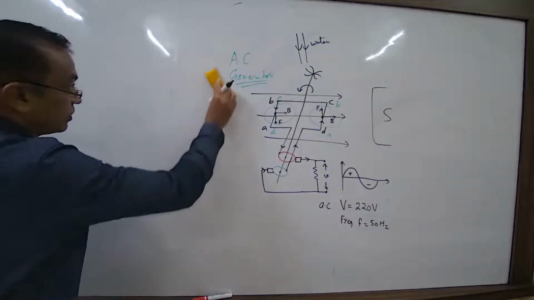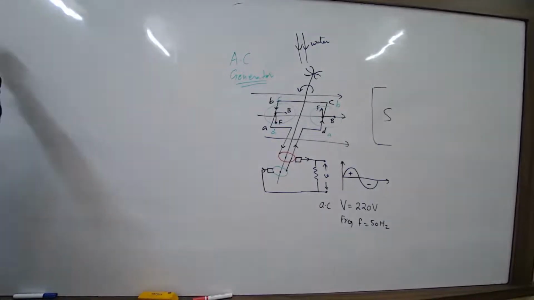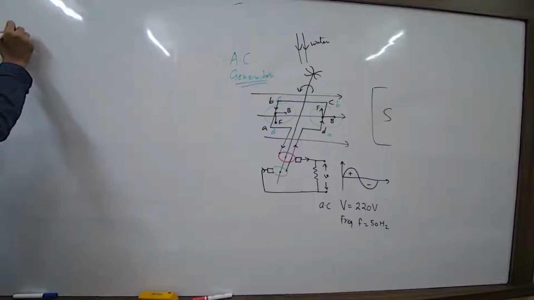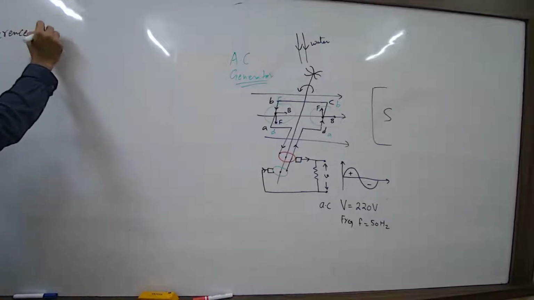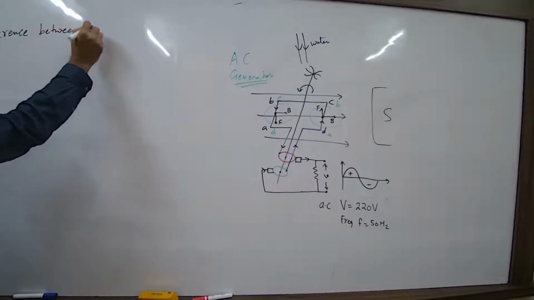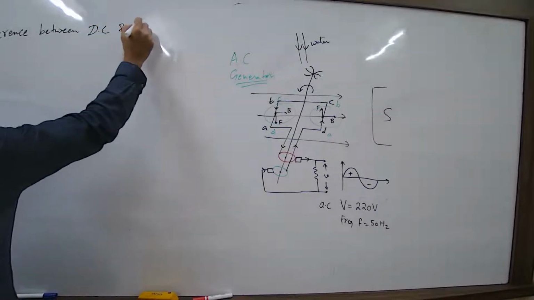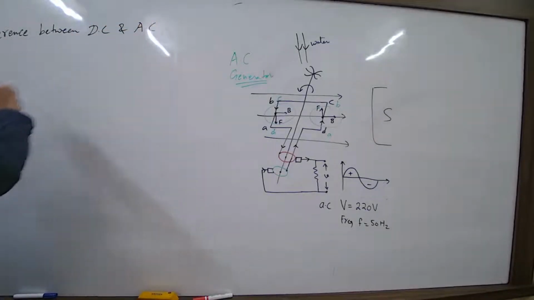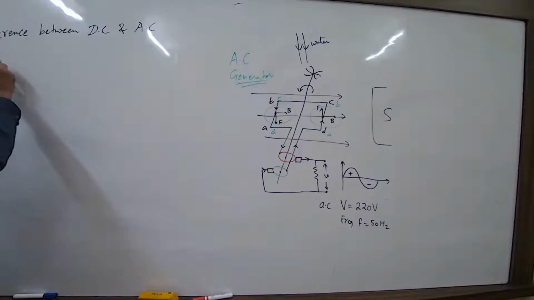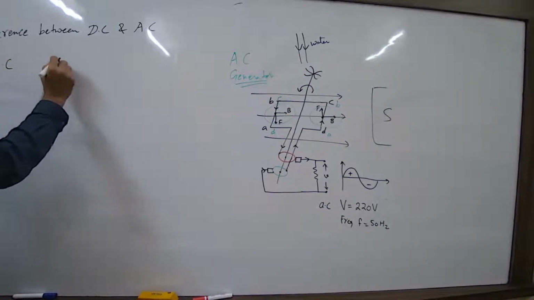Now, next part is the difference between DC and AC. So first, what is DC? AC is alternating current, right? So DC and AC.